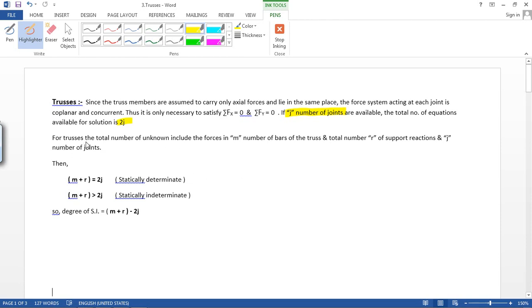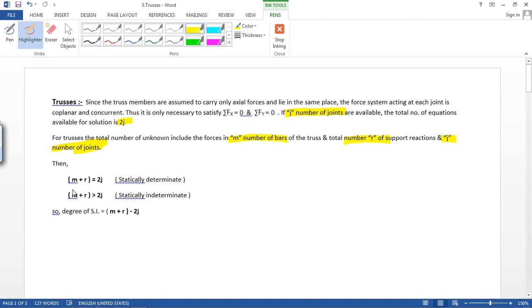For trusses, the total number of unknowns includes the forces: M for the members or bars of the truss, R for the total number of reactions, and J for the number of joints.